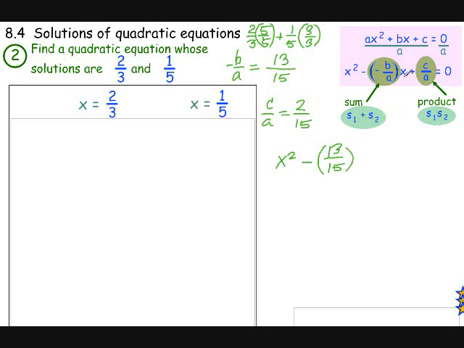And I'm remembering now that I need to put that x in, plus 2 over 15 equals 0. Now if I'm going to put this into standard form, I should get rid of these fractions. How can I do that?